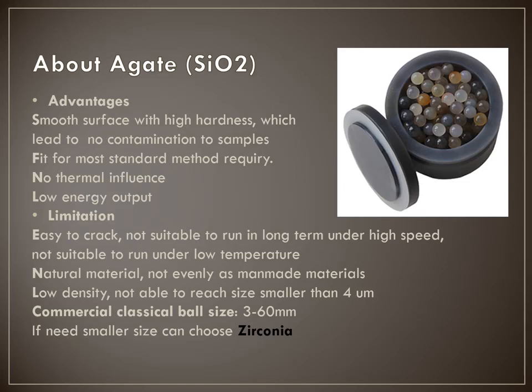However, it also has limitations: natural materials crack easily and are not as even as man-made materials, and it has low density and a limit on the ball size, so the material size may not get that small. If you would like to make your target size much smaller, you can choose zirconia as your jar material and ball material.